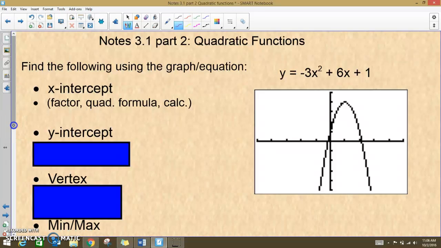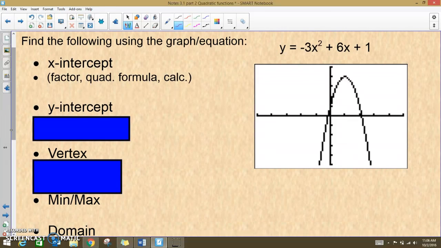Okay, so let's go ahead and find our x-intercept because it doesn't look like it's crossing nicely. Not sure if this one will really factor nicely, so let's go ahead and use either our calculator or the quadratic formula. I'm going to do the quadratic.